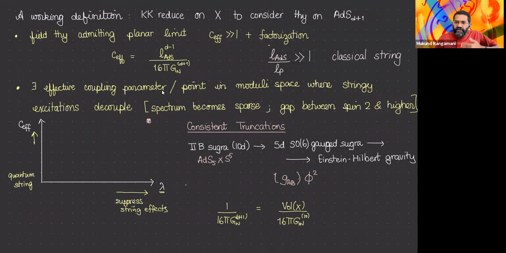But I've never been able to see a good reverse engineering of that logic to say, okay, the operator dual to this phi must have a certain OPE coefficient with the stress tensor, so that there's nice decoupling if I look at this large C effective limit. Such statements definitely are true. They should be proven from a field theory standpoint.